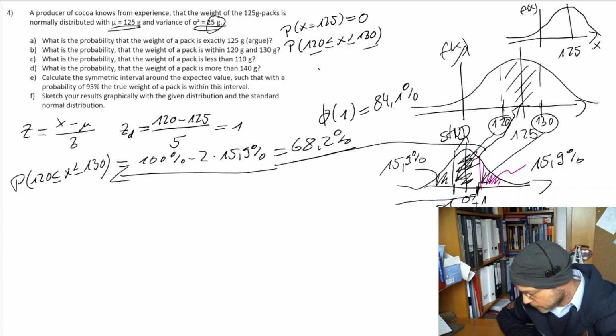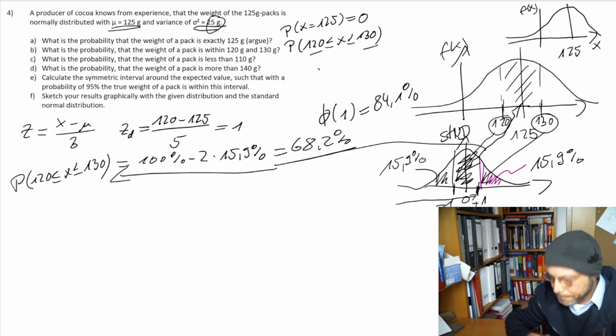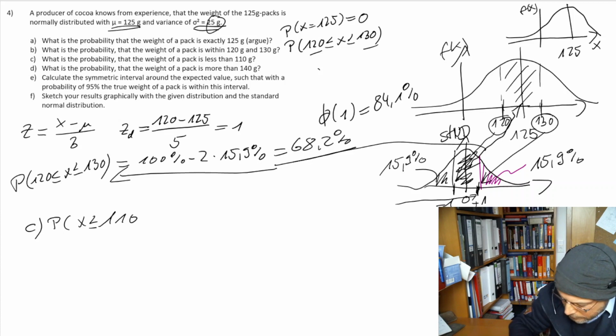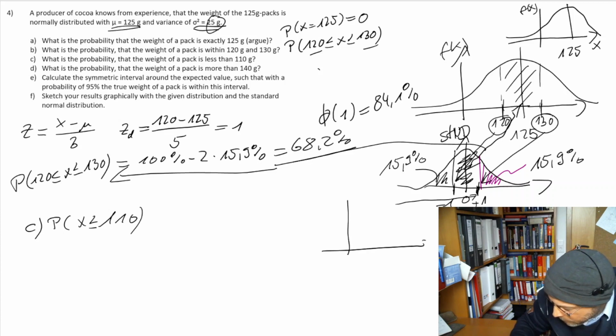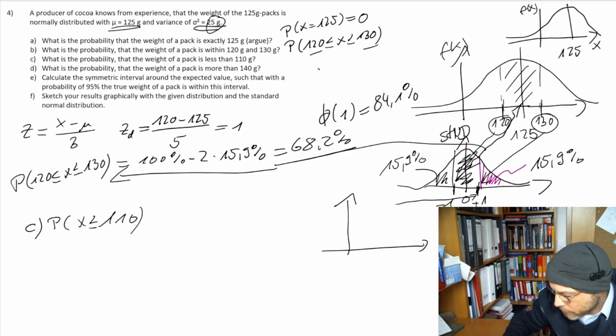I think we will then do only this first sheet of exercises today. So let's do C: probability P of x smaller than 110. Again, I think it is really helpful if you always keep in mind which areas you calculate.